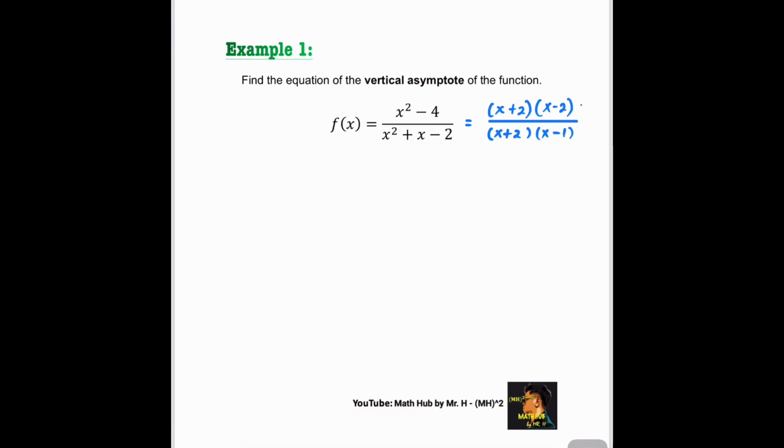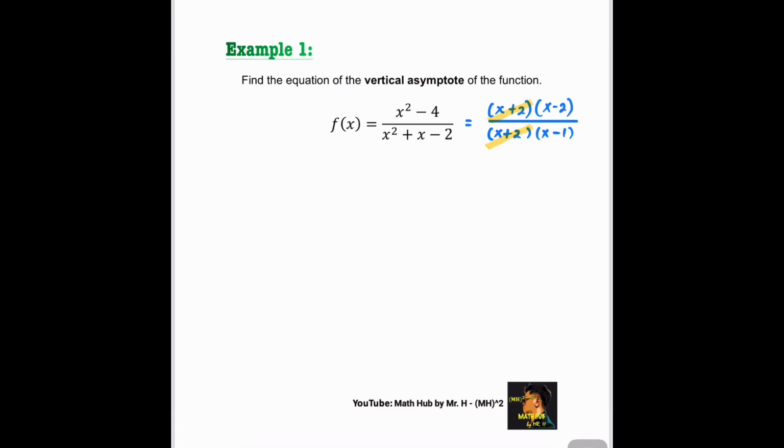After factorizing the numerator and the denominator, see if something can be canceled out. For this example, it's clear that x plus 2 from the numerator and from the denominator gets canceled out.